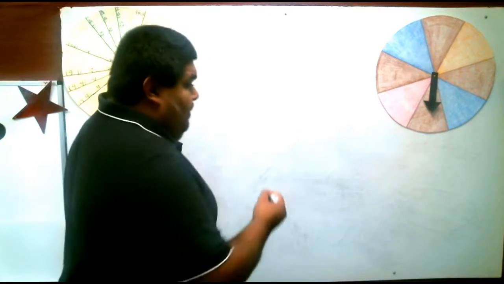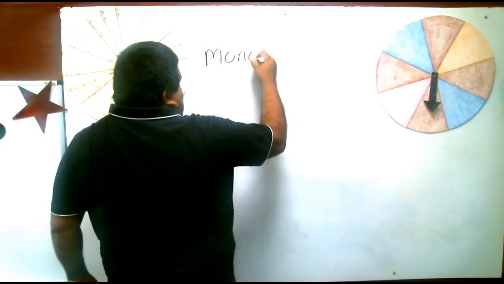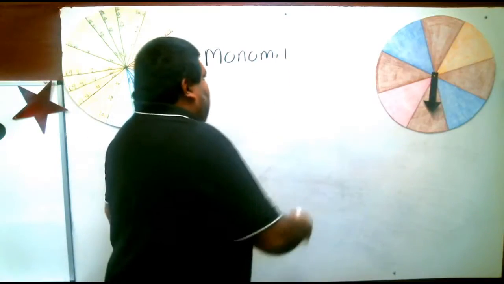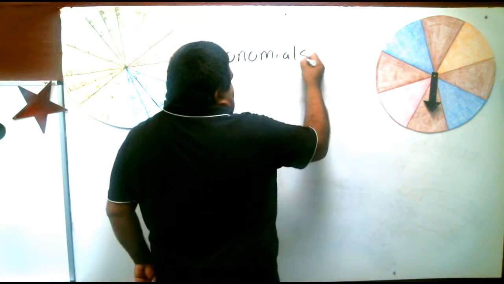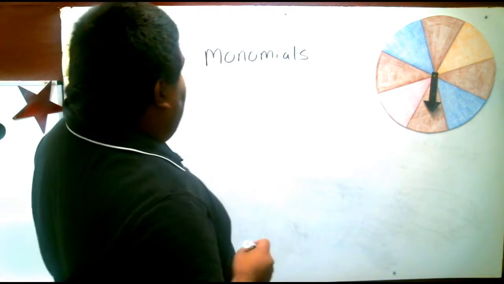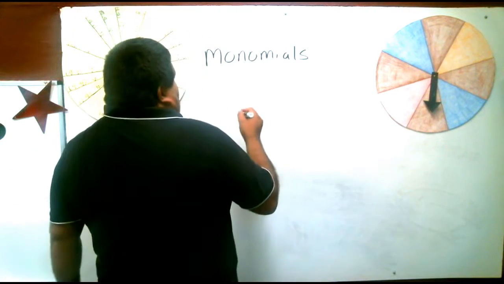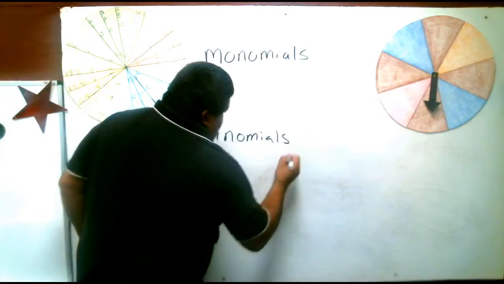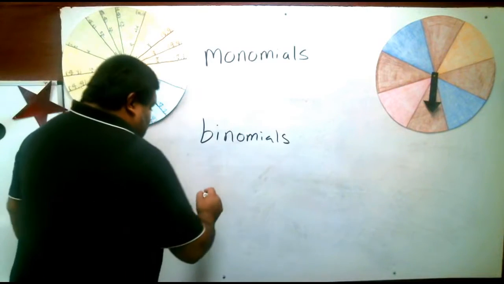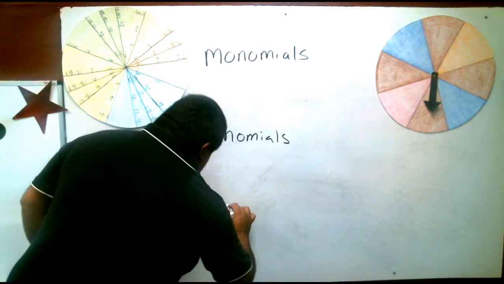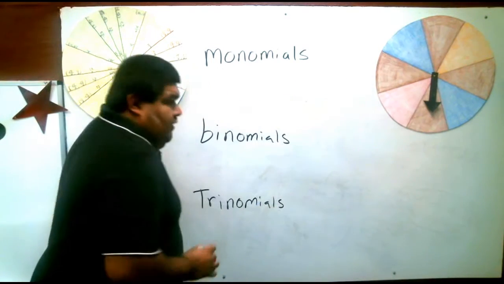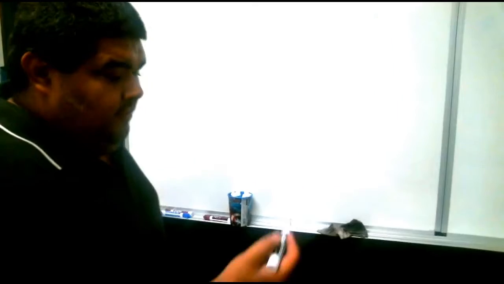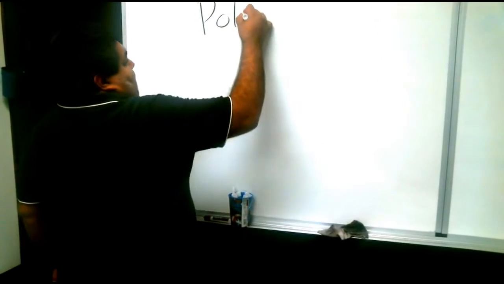I call them the nominal terms, which is monomial, you have monomial, you have binomials, you have trinomials, and then we have one more that we're going to write over here on this board, which is called polynomials.